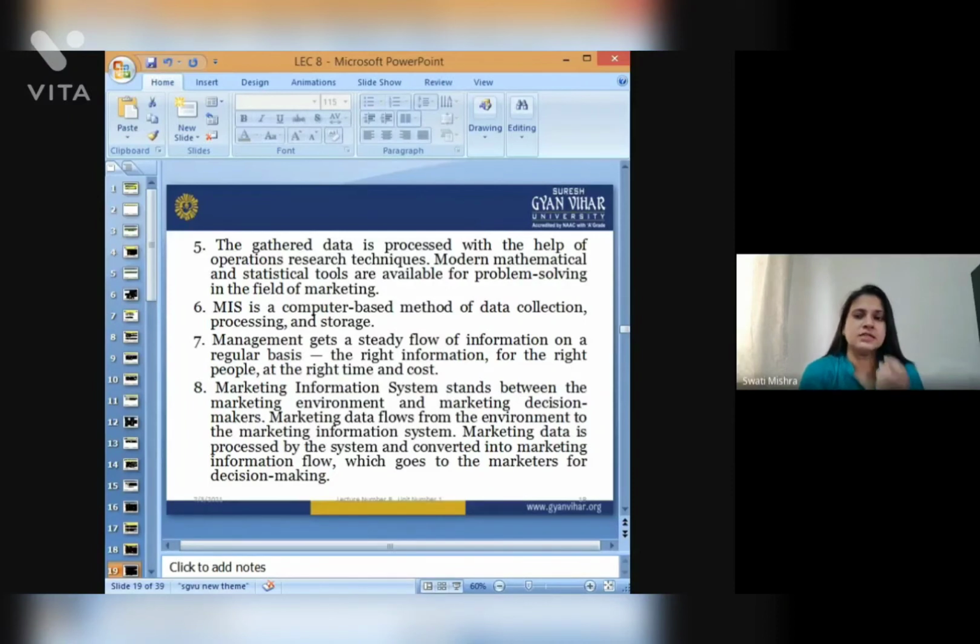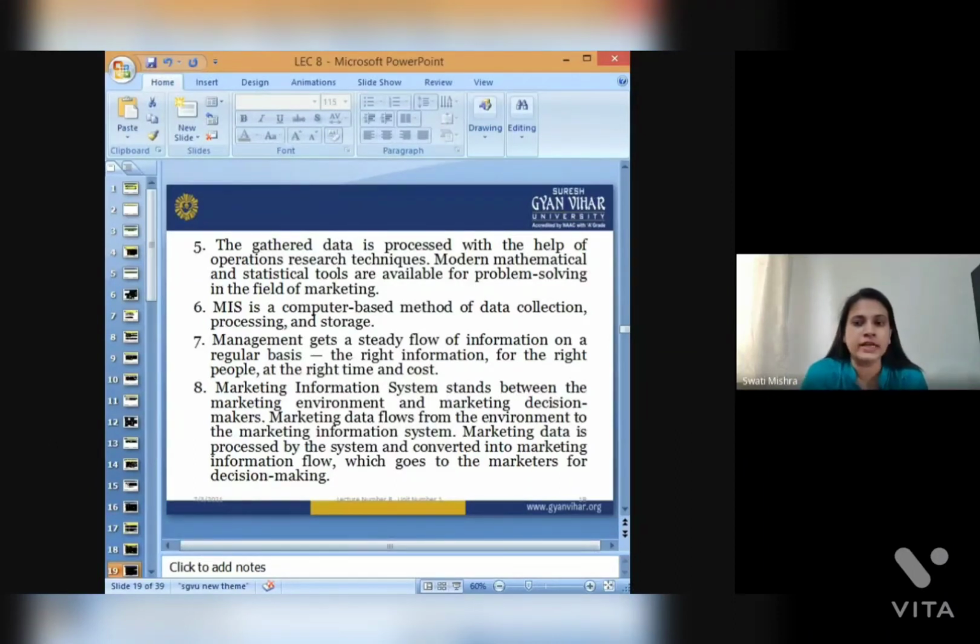Management gets a steady flow of information on a regular basis, and this is the correct and relevant information, the accurate information for the right people at the right time and at the correct cost also. So, the marketing information system basically stands between the market and marketing environment and the marketing decision makers.